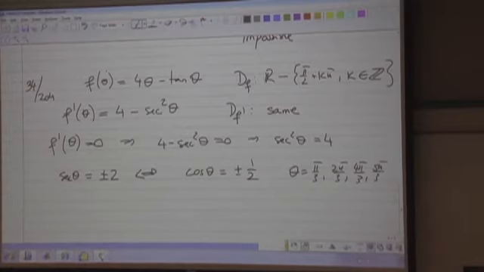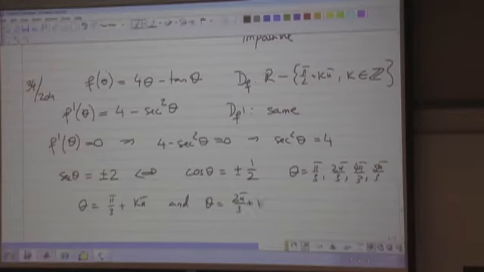A way to write that would be pi thirds plus k pi and 2 pi thirds plus k pi. Is that making sense?